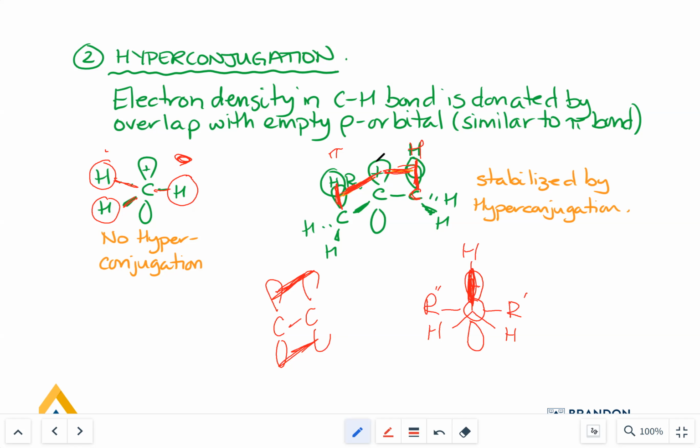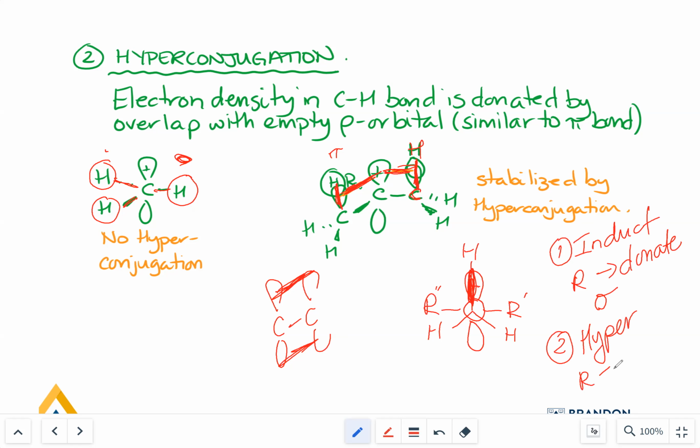So there's basically two reasons. One is inductive, and basically R groups can donate through sigma bonds. And the second one is hyperconjugation, and R groups can donate like a pi bond.